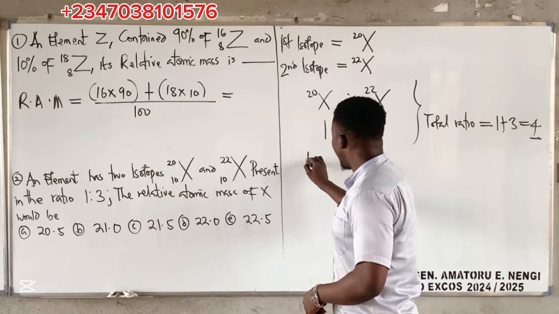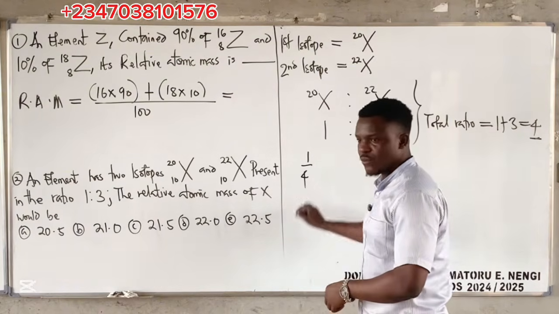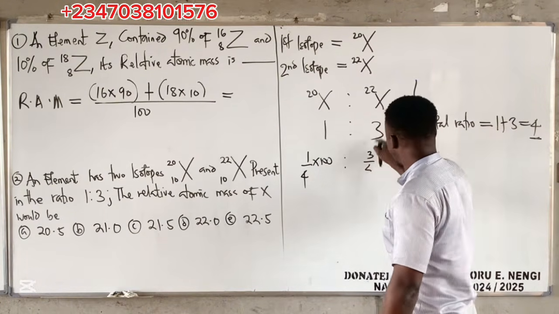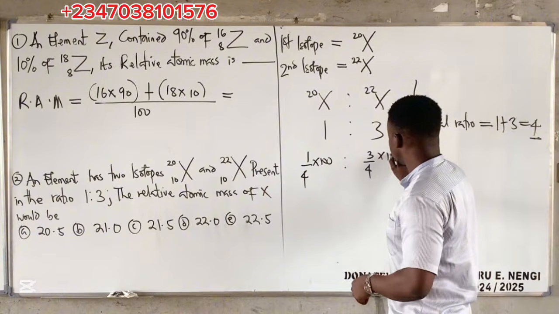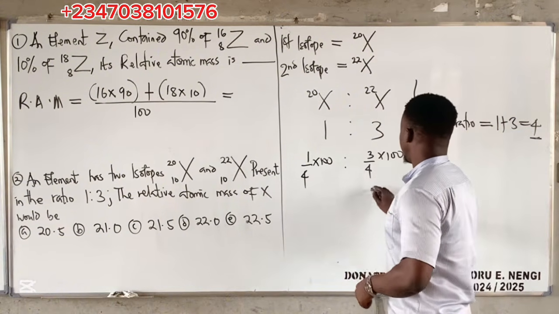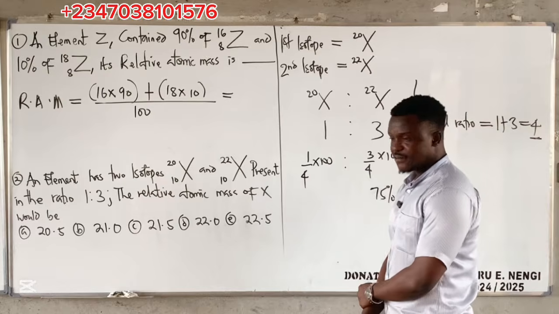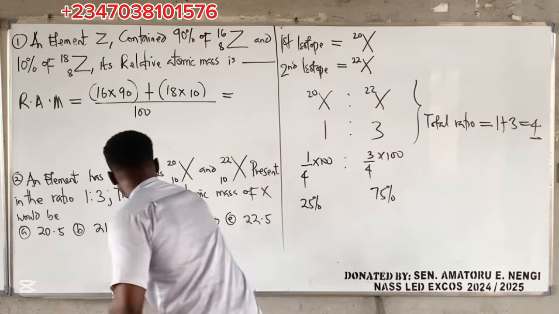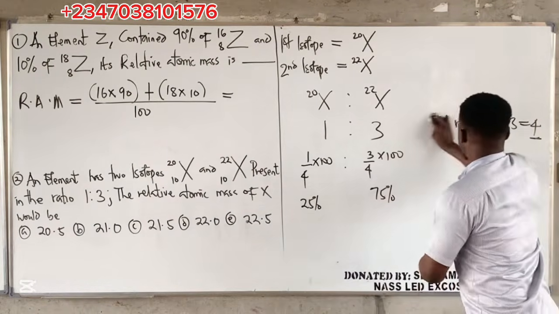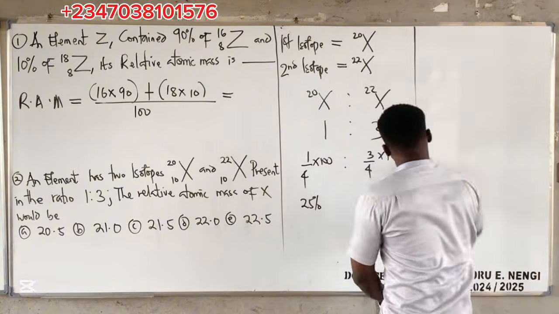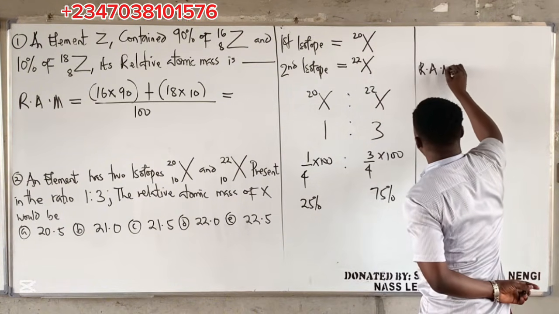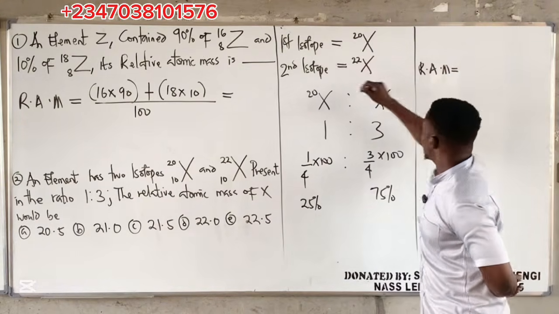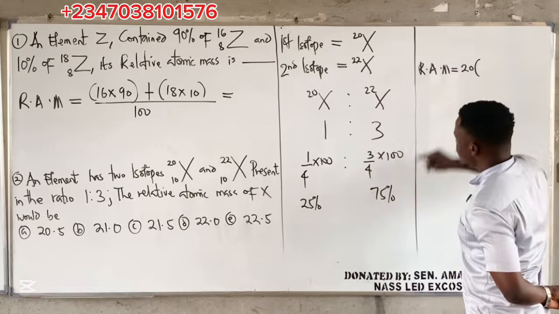For this one, I'll say 1 divided by the total of the ratio, which is how many? 4 times what? 100. And in this case, now I'll say 3 divided by the total, which is also what? 4 times what? 100. Now this is 25%. This is 75%. And this is 25%. We can now come here and say I'll say relative atomic mass equals the mass of the first isotope is what? 20 times what is the abundance of the first one?